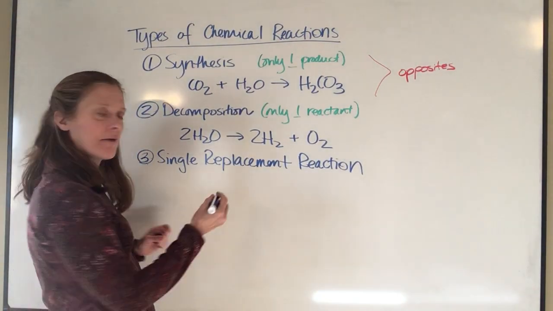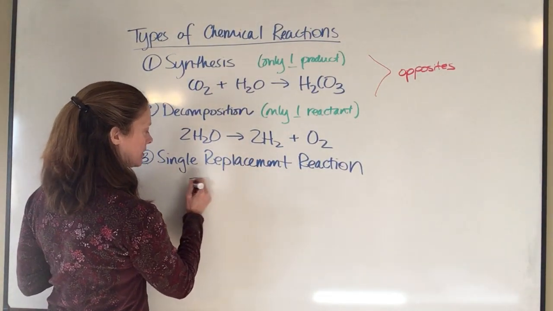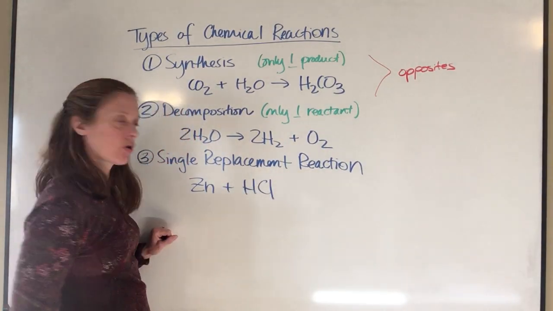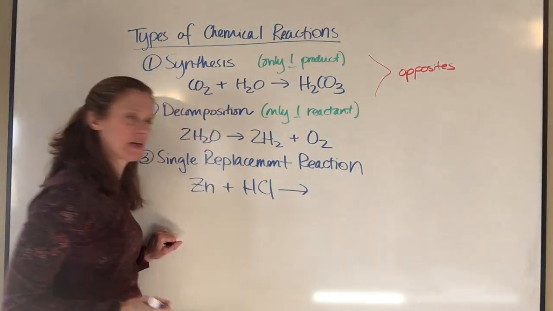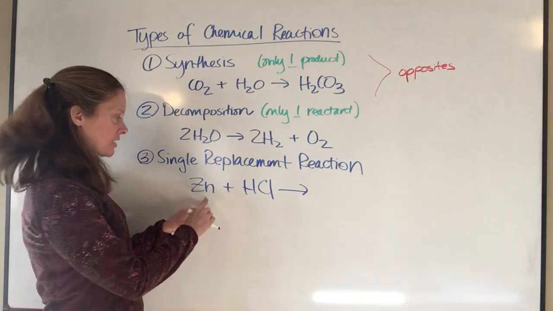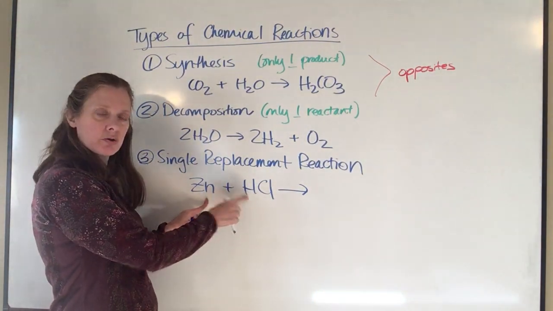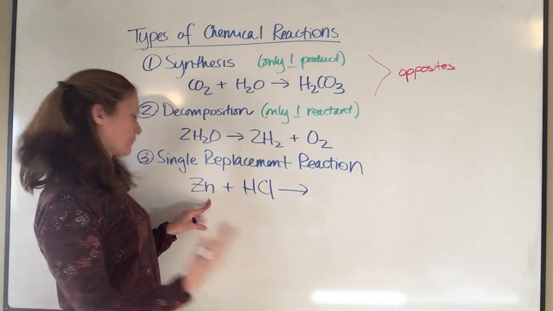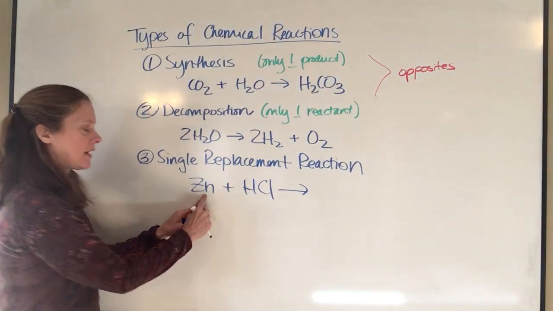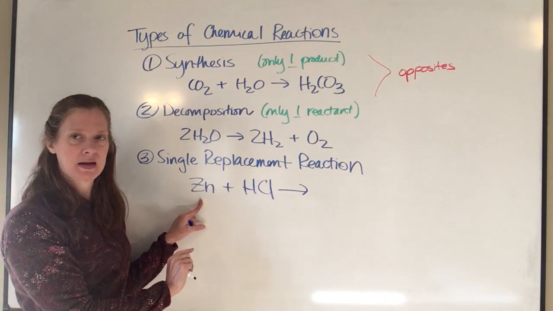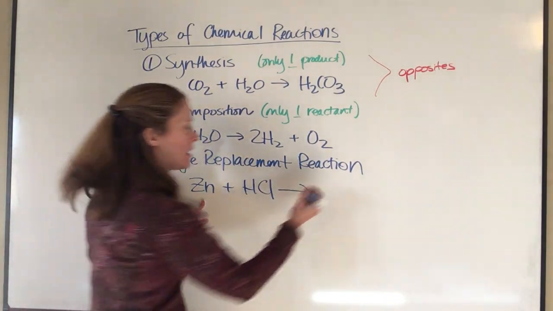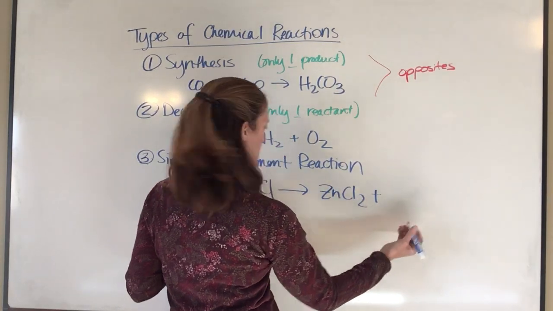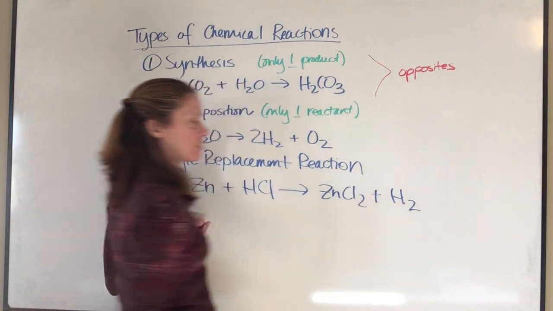If I have a reaction where zinc reacts with hydrogen chloride, the zinc comes up and taps the hydrogen on the shoulder and says, "May I?" The hydrogen, because he is a perfect gentleman, says, "Of course you may." He steps out of the way. The zinc comes in and takes his place. So on the other side, what I have is zinc chloride and hydrogen gas.